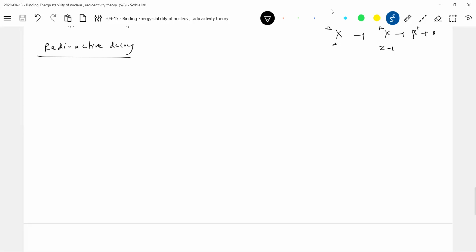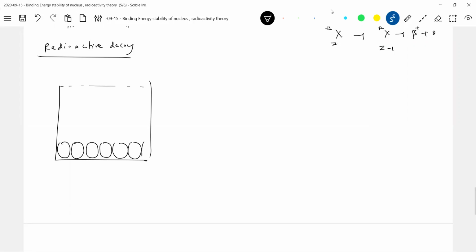So I fill this substance in a container, say 1 kg. Instead of 1 kg, we'll take m grams of substance.